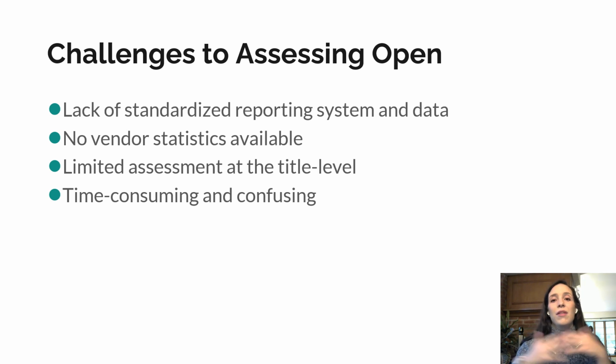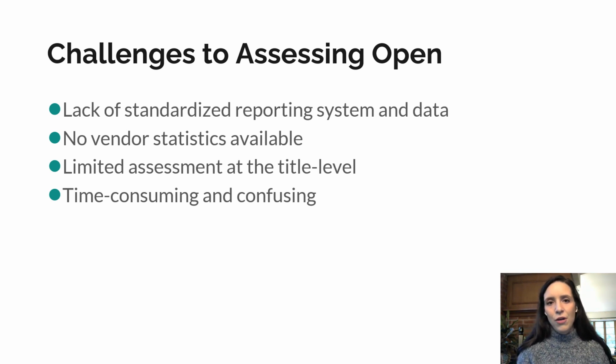So there are standard and well-documented challenges to assessing open resources, and one of those is the lack of standardized reporting system and data. So for e-resources, we can generally rely on Counter 5 reports, so we can use the same metrics and measures to compare resources against each other, to do direct comparisons.